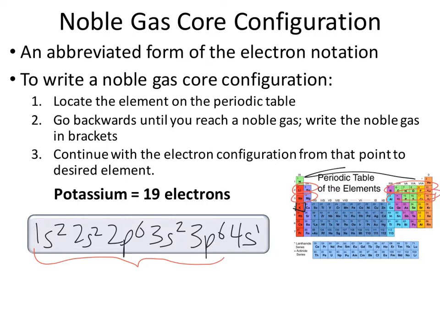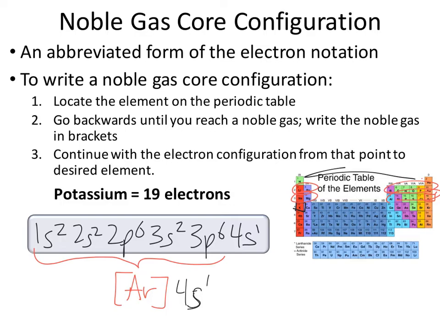So if we use our noble gas as a condensing point, all of this would be equal to argon. So we'll say, let's put argon into square brackets and start from there. What I'm effectively doing is getting rid of all of this notation and representing it with the noble gas in square brackets. And then what's left over is 4s1. That's it.